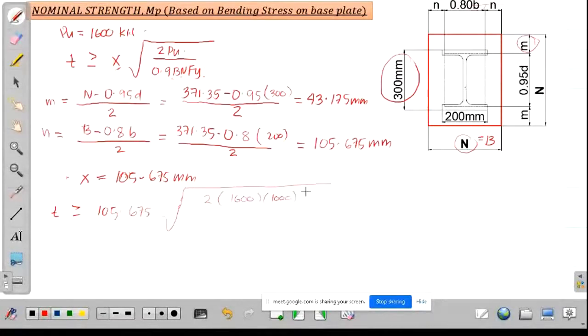PU ko nito over 0.9 times 371.35, that is in mm squared over 240. Okay? So, magkakansel yung mm dito.